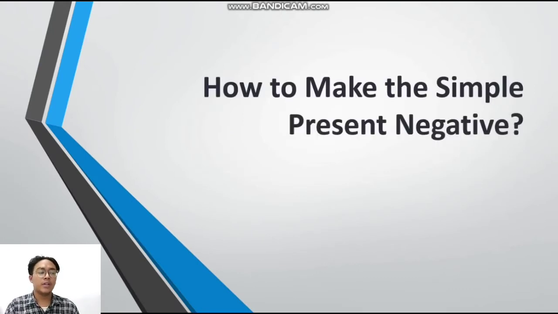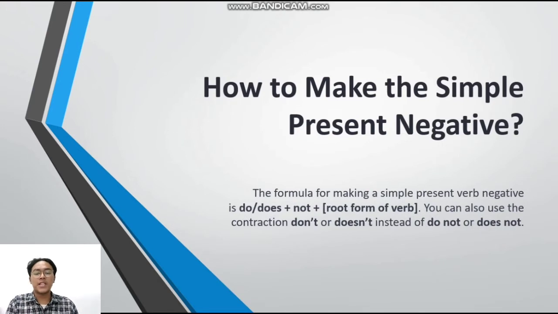And now I want to talk to you about how to make the simple present negative. First, we talked about the affirmative in the simple present, and now we talk about how to make the simple present negative. The formula for making a simple present verb negative is do or does plus not plus the root form of the verb.